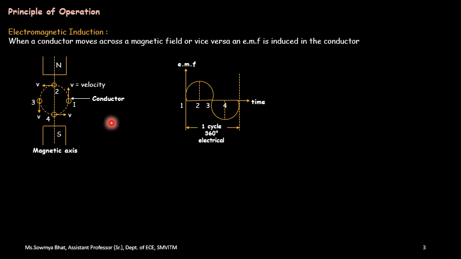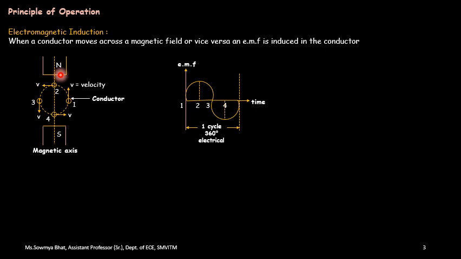Now I will consider the first case, where the conductor moves across a magnetic field, that is, the conductor is rotating and the magnetic field is stationary. I will start in the anti-clockwise direction, with position 1. Assume the conductor is placed in position 1. In position 1, the direction of the velocity is facing upward.